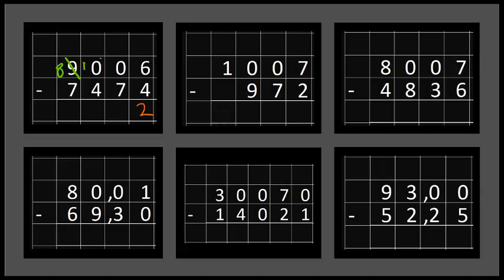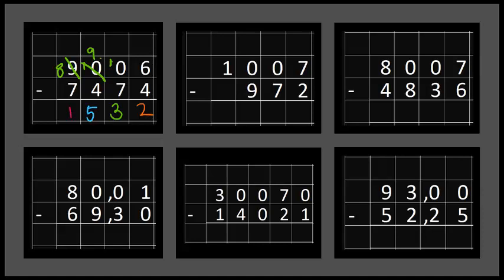And my first 10, and then I'm borrowing from this 10, which becomes 9, and then I have a 10 over there. So now I can subtract. 10 minus 7 is 3. 9 minus 4 is 5. And 8 minus 7 is 1. And that's my answer.